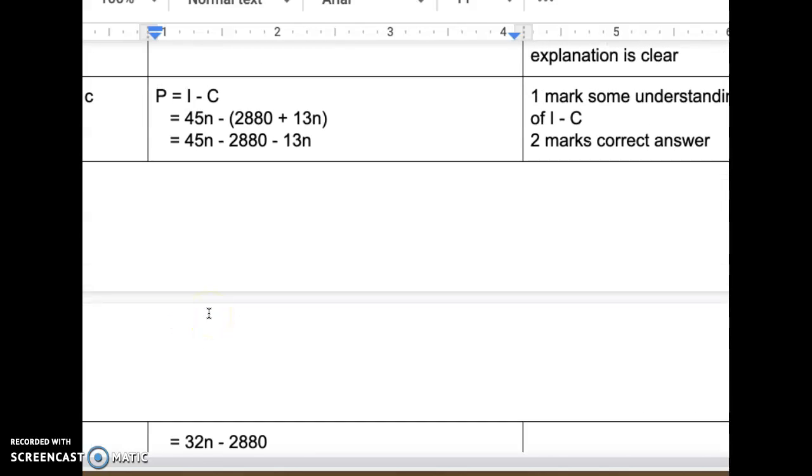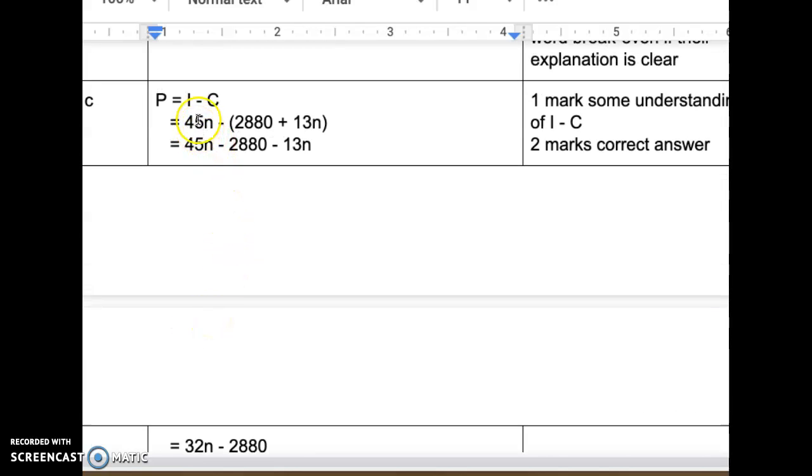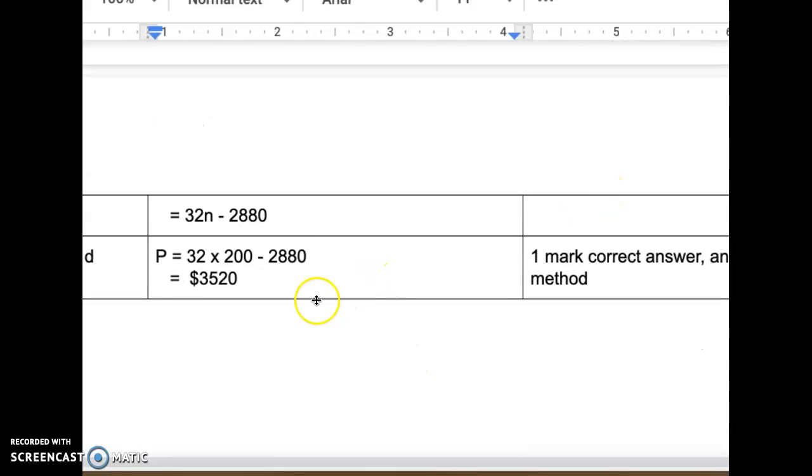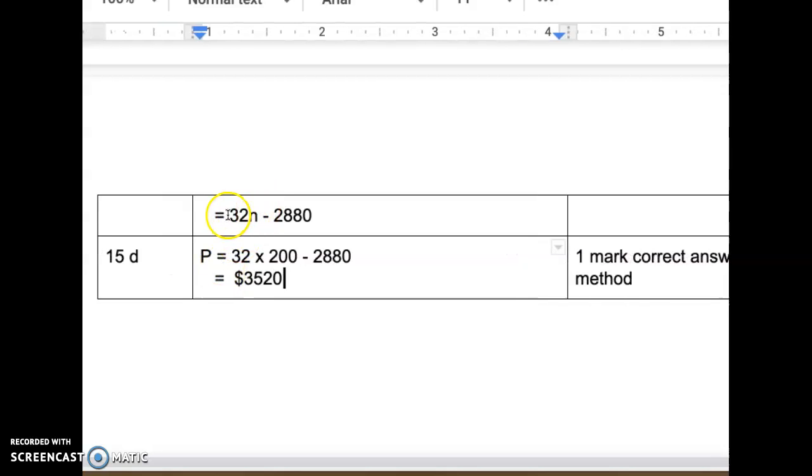Some of you did it a slightly different way, and you showed the profit just by 45 minus your 13 to give me 32. The last answer was nearly perfect, except for those students whose writing was difficult to read. It was simply a substitution. You would have noticed that they gave you this equation to help you answer this question.